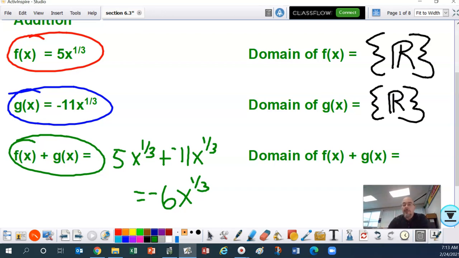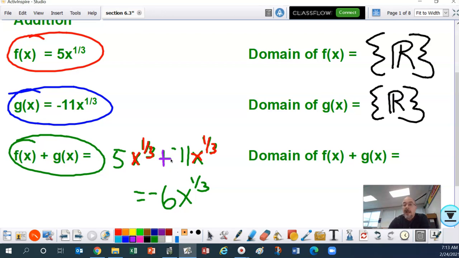The rational exponents have to match, folks. It's x to the 1/3, x to the 1/3. We can add those together because they match exactly.